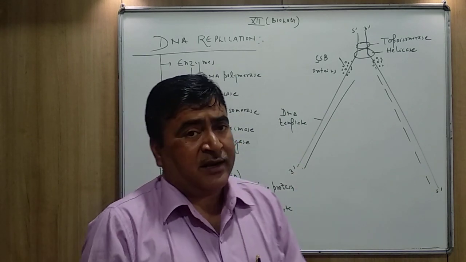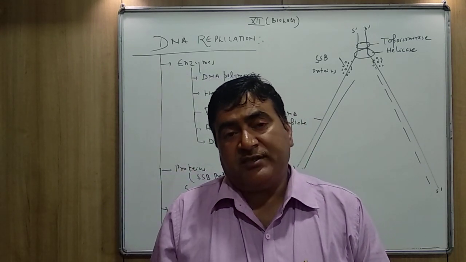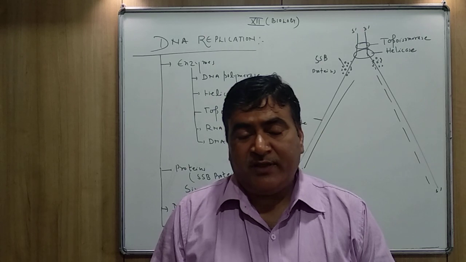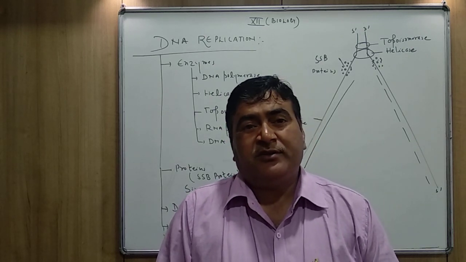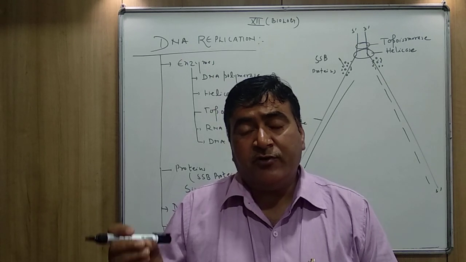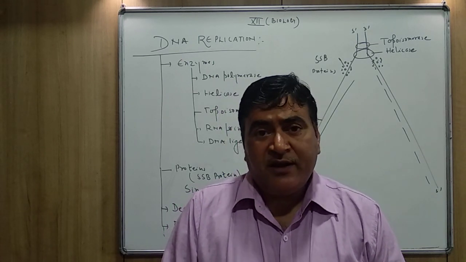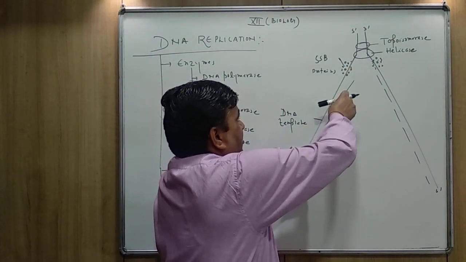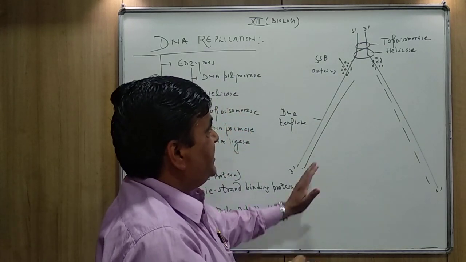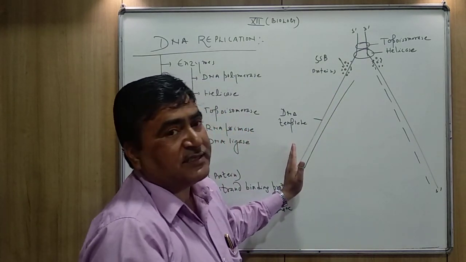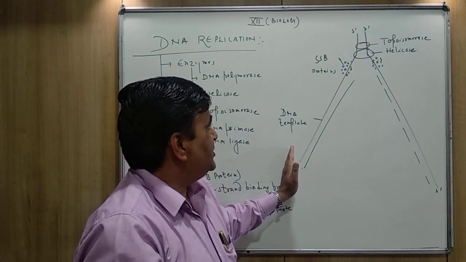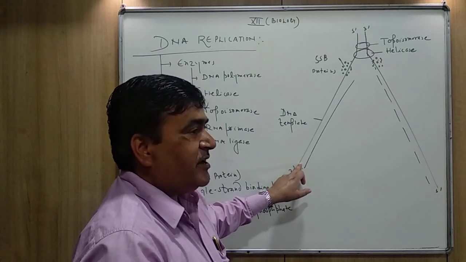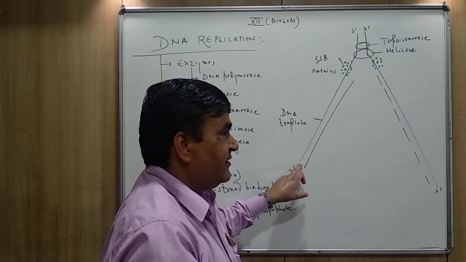And here the base complementary rules are very, very important. As you know, the substrates are required when the process of DNA replication takes place. So many deoxyribonucleotides are required, and all these nucleotides are going to be polymerized in the presence of DNA polymerase enzyme as per base complementary rules. So as per the DNA template, suppose in the template a particular nucleotide is adenine.